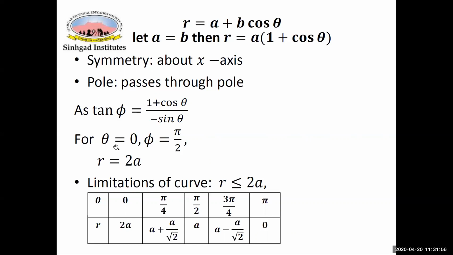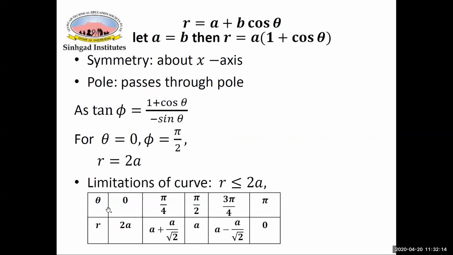Substitute theta equal to 0, you'll get tan phi equal to infinity, and hence it is a perpendicular tangent.